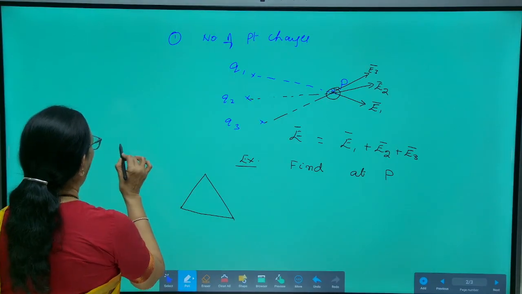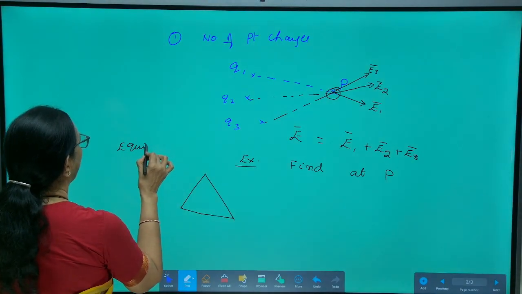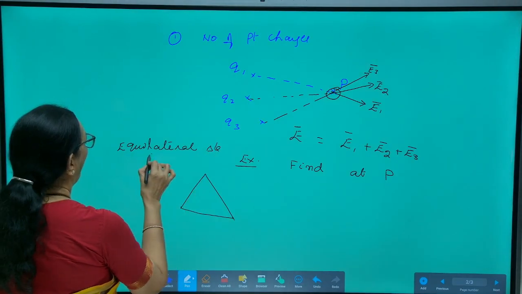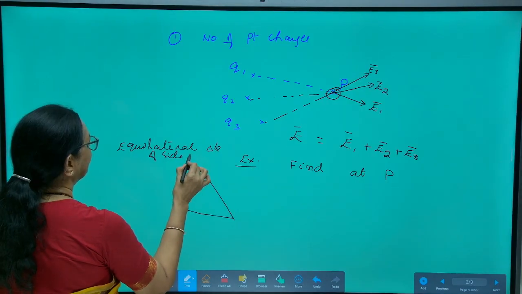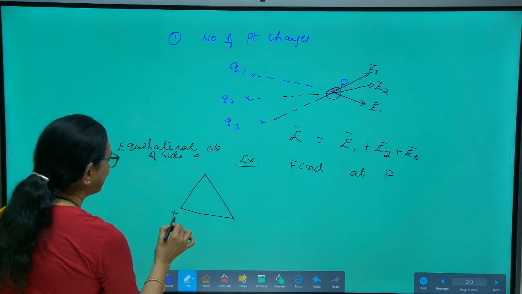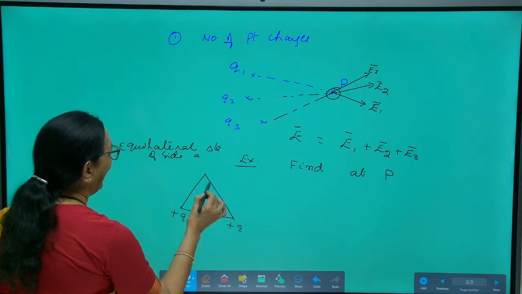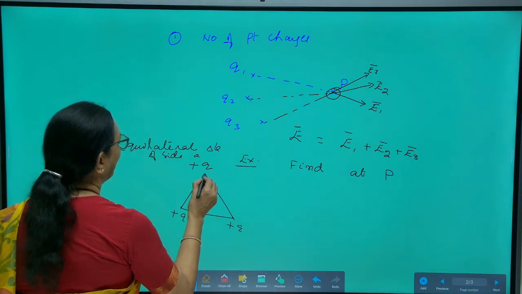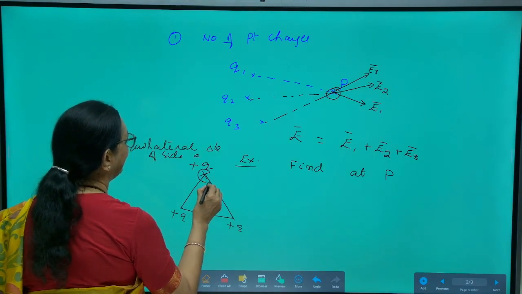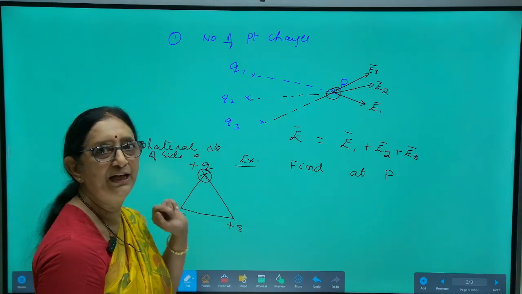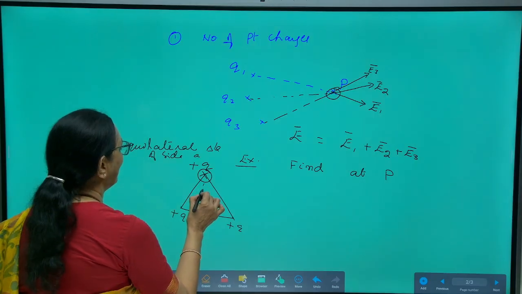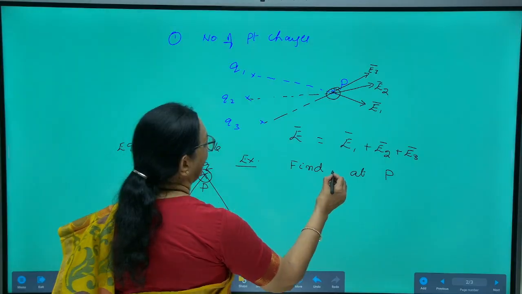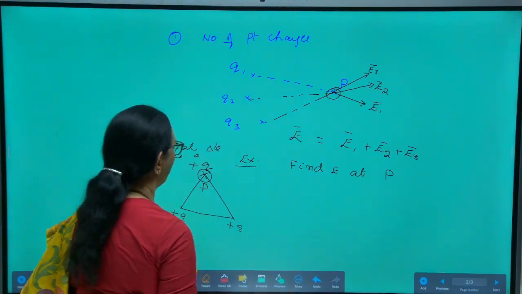This is an equilateral triangle of side A, with plus Q and plus Q. Three charges are placed at the 3 corners. You are asked to find out electric field intensity at any one of the corners. This is the point P where you need to find out electric field intensity. Find E at the point P.